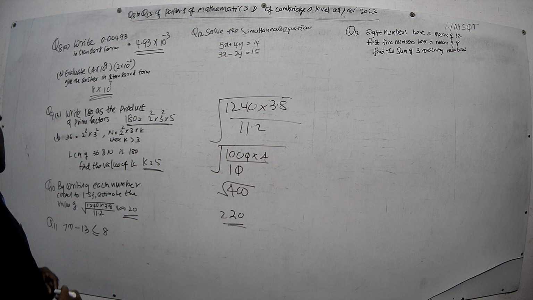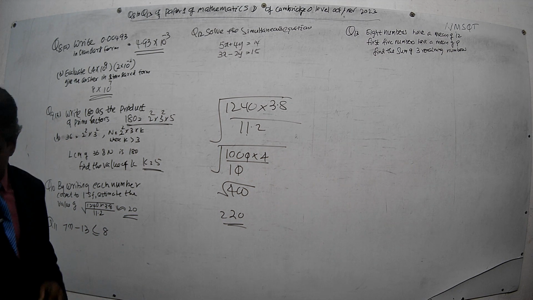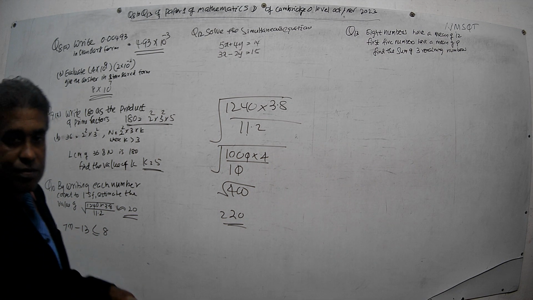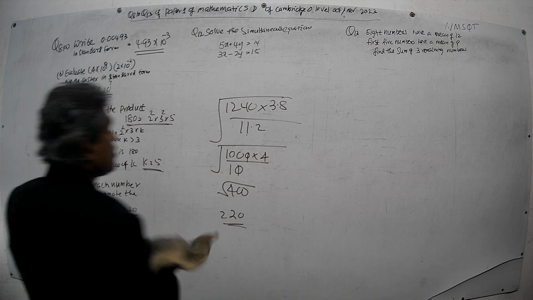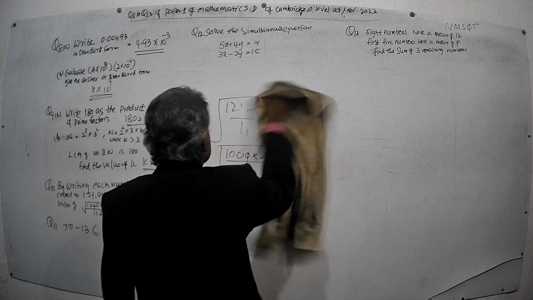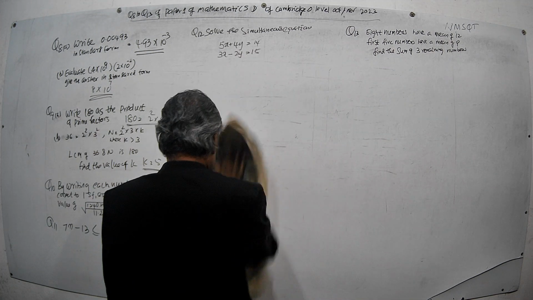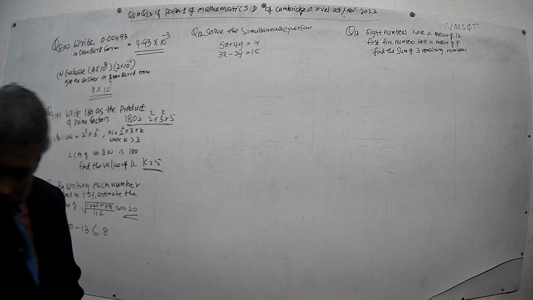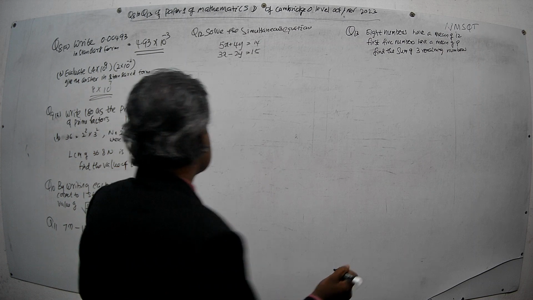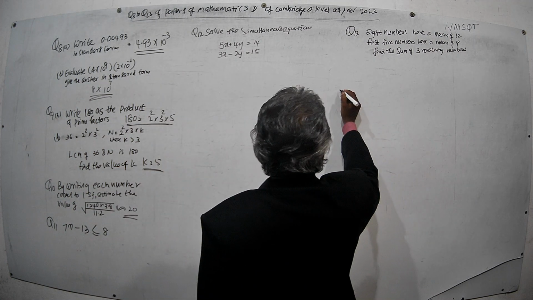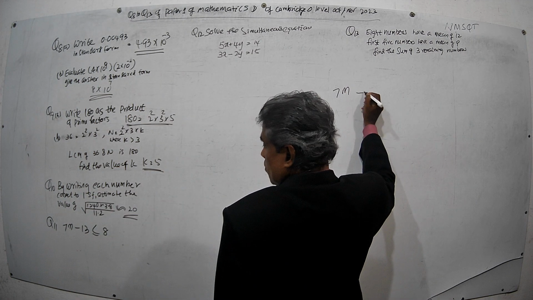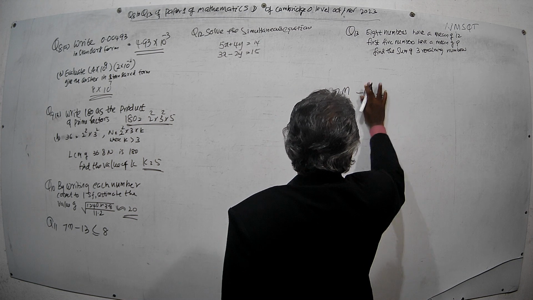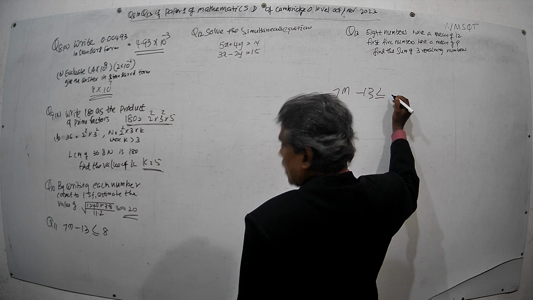Estimation. Okay. Now next one, that is Q11. Q11 is an inequality. What is that Q11? This is 7m minus 13 less than or equals 8.